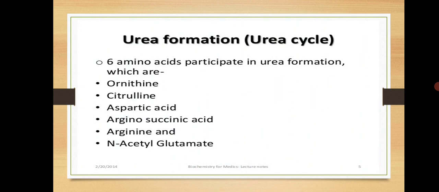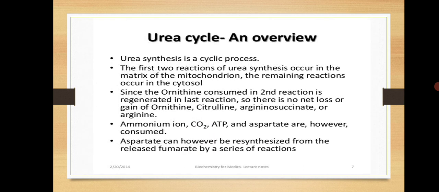Now in the formation of urea, 6 amino acids participate: ornithine, citrulline, aspartic acid, arginosuccinic acid, arginine, and N-acetyl glutamate.